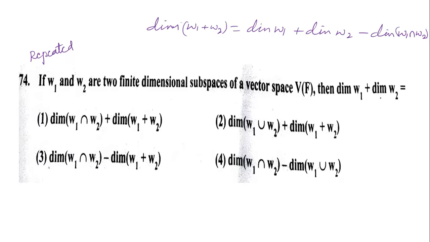If we take this to the left side, it becomes a positive sign. That means dimension of W1 plus W2 plus dimension of W1 intersection W2. Yes, option A is the right answer.